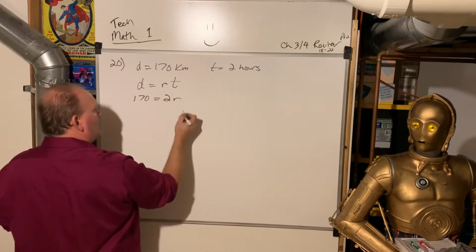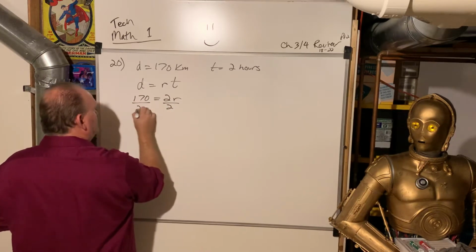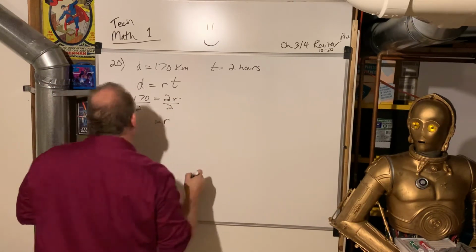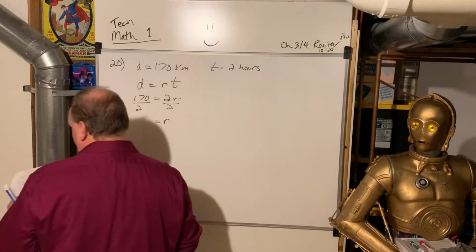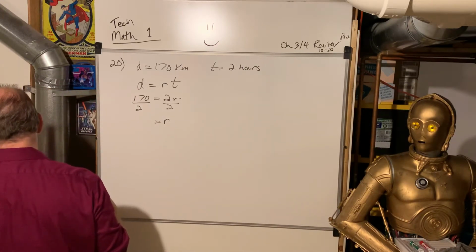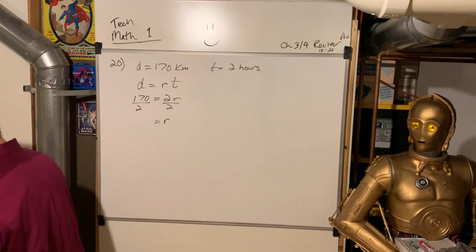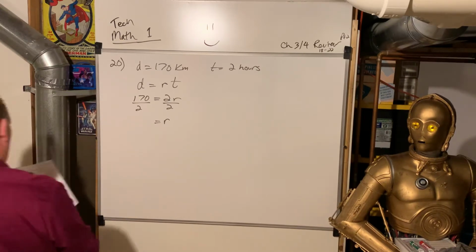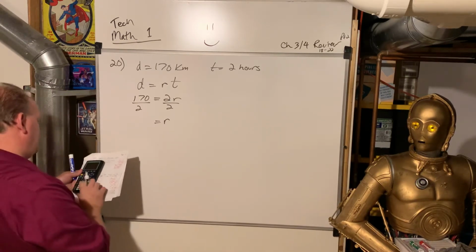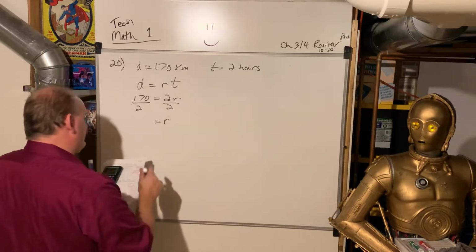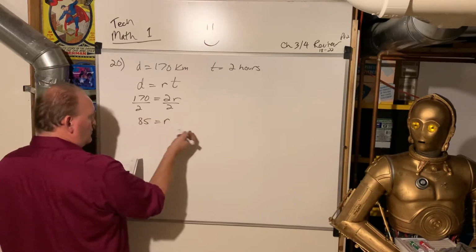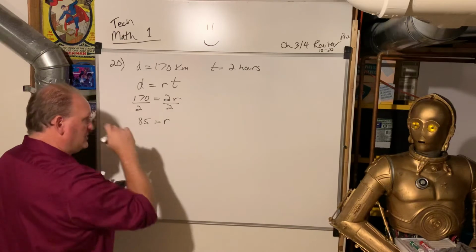So we're going to say 2R. So we divide by 2. And what is that? That's 85, I think. Right? Half of 170 is 85. So our rate is 85 kilometers per hour.